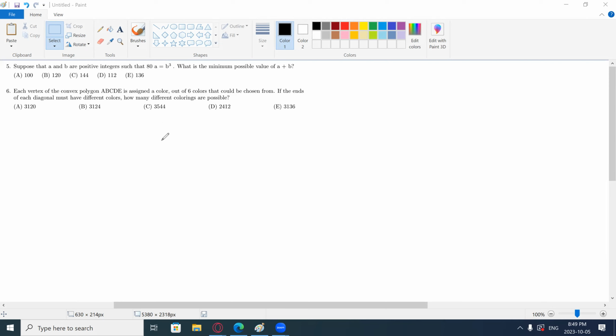First, we can factor 80a. And this is equal to 2 cubed times 2 times 5 times a, which is equal to b cubed.